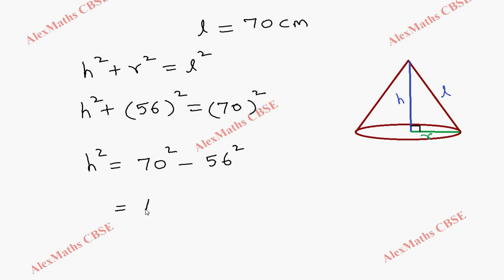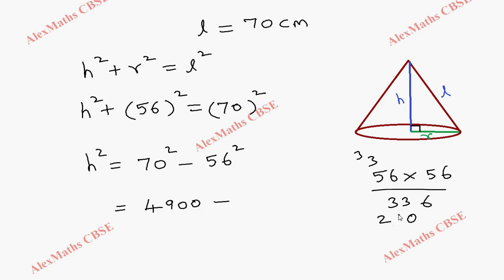70 square is 49 with 2 zeros, minus 56 square, which is 56 into 56, so the total is 3136.